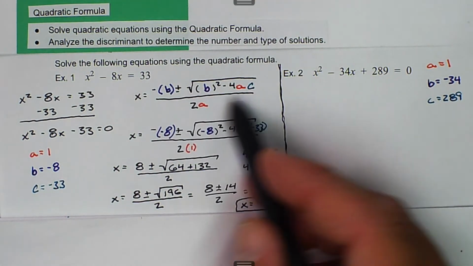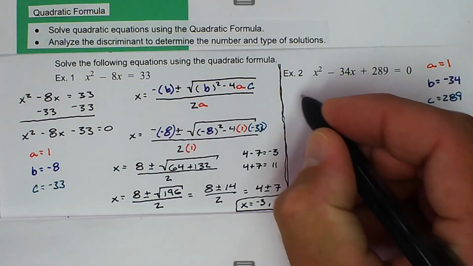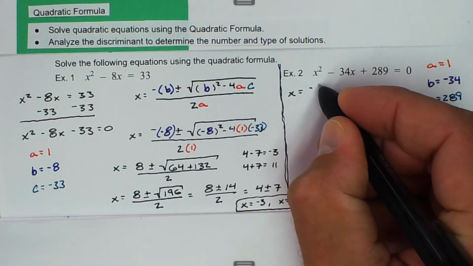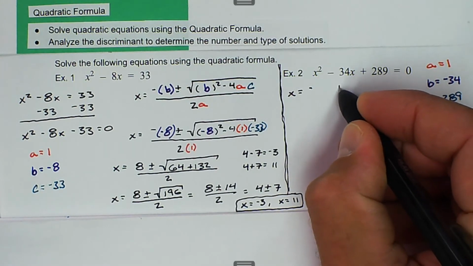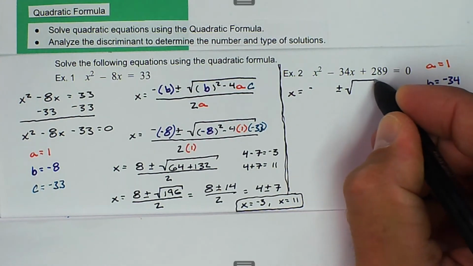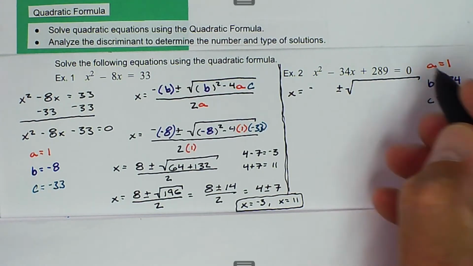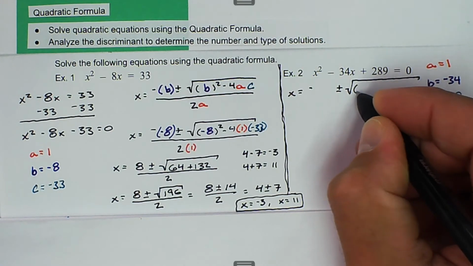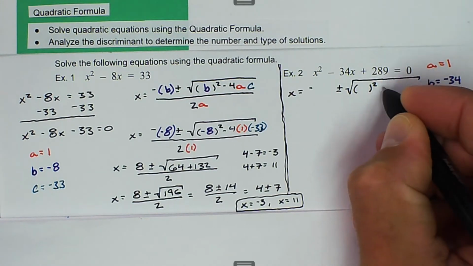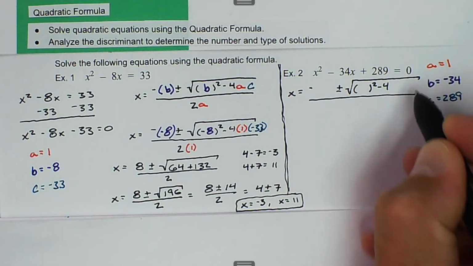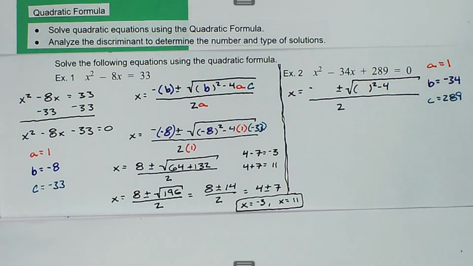We have the equation written right here, so we'll write that down. x equals negative b plus or minus square root of b squared minus 4 times ac, and that's all over 2a.